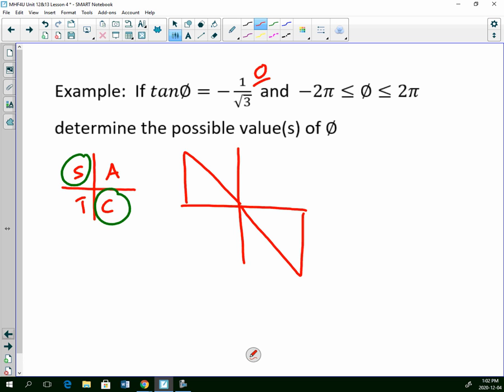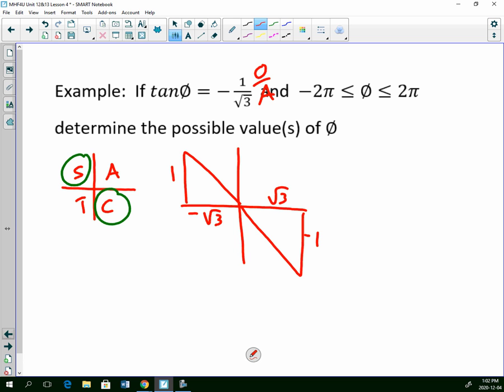Tan is opposite over adjacent, so opposite is 1, adjacent is √3. In quadrant 2, it would be the √3 that's negative. In quadrant 4, it would be the 1 that's negative.